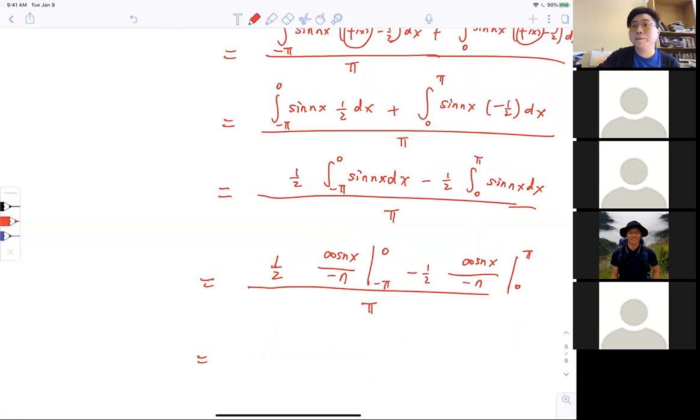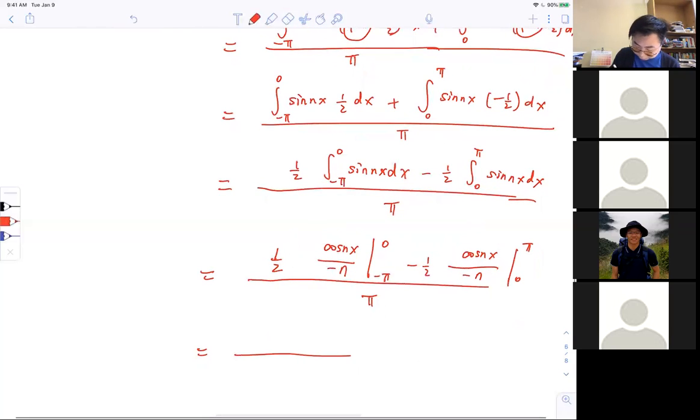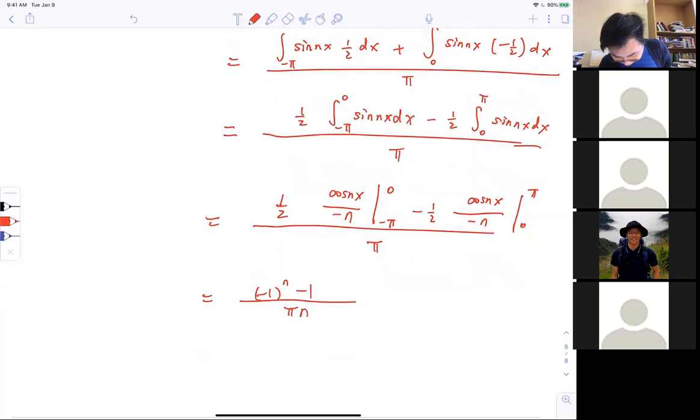And if you simplify this, you would get pi n on the numerator is this.